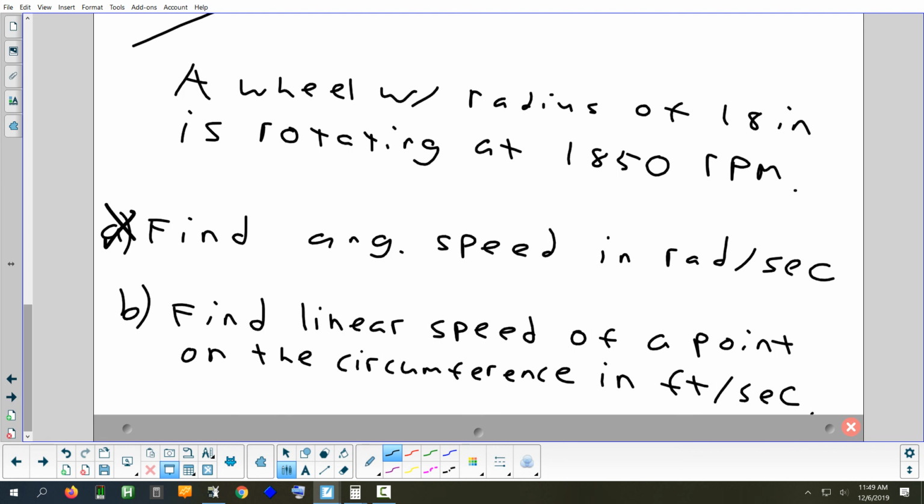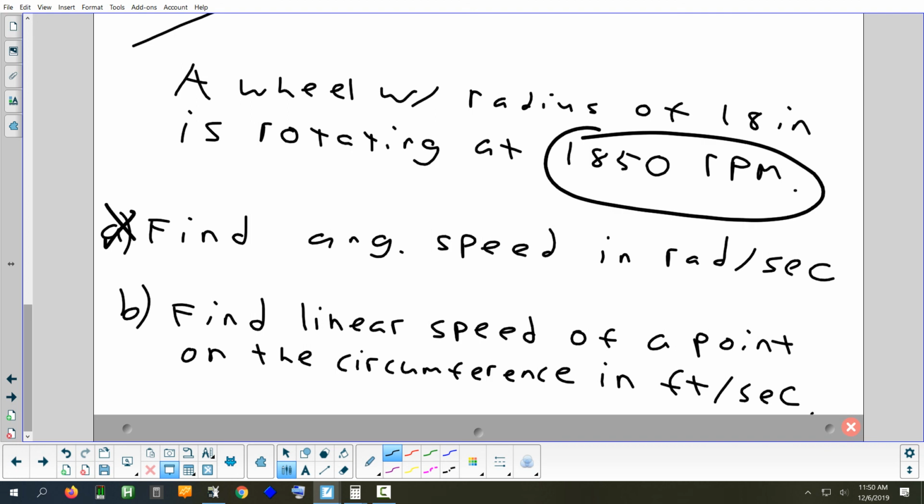Another way to think about it is if you had a rope and you were spinning it, like a rock on the end of it, at 1,850 RPM, and your rope was 18 inches long, and all of a sudden you let the rope go. The rope and the rock would take off straight. How fast would it be going? That's instantly converting something spinning. When you let it go, it changes to linear speed. Takes off straight. That's basically what you're figuring out right here. So we're going to start with that.